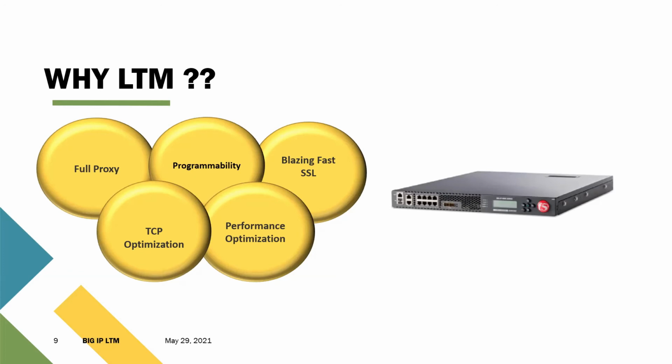You can move this functionality from that server to your LTM, as long as authentication is not your requirement, right? You can save some money on that part as well for your organization.